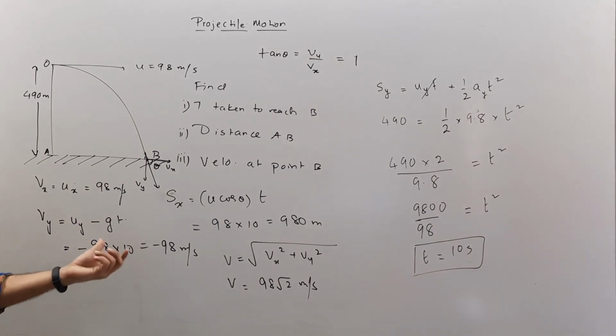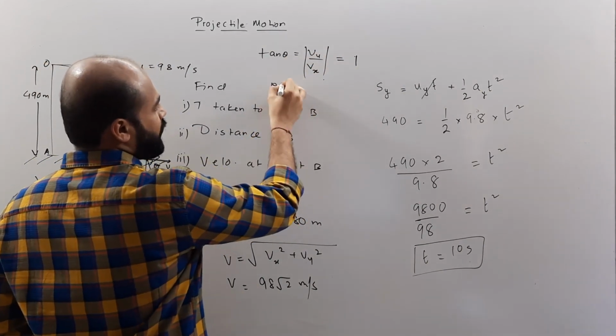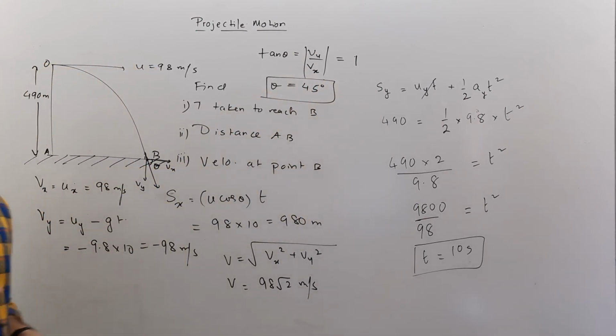So even if this is minus, it doesn't matter, we are just interested in this magnitude. So theta is 45 degrees, because tan theta equal to 1 can only happen when theta is 45 degrees. So I have taken a problem wherein different things are asked and you understand how to apply the concept exactly.